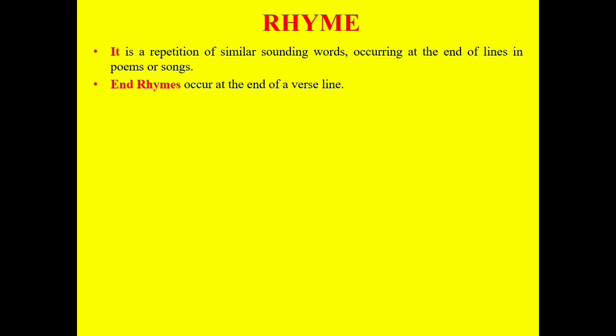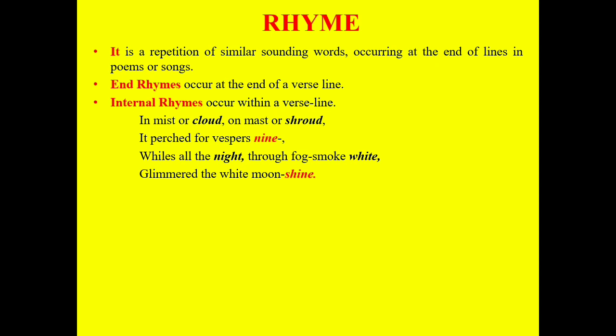Another category is internal rhyme, which may occur within a verse line. For example, here I have provided a stanza. In the first line there is the word cloud in the middle and shroud at the end.